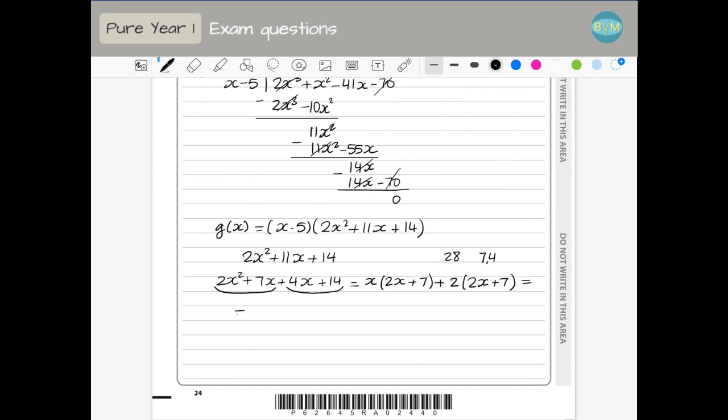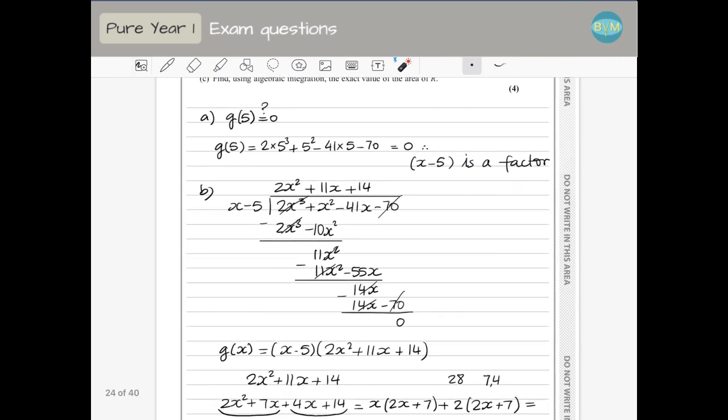I can factorize again as 2x plus 7 because it's common in both of them, and then x plus 2. So my function g(x), fully factorized, is x minus 5, 2x plus 7, and x plus 2.